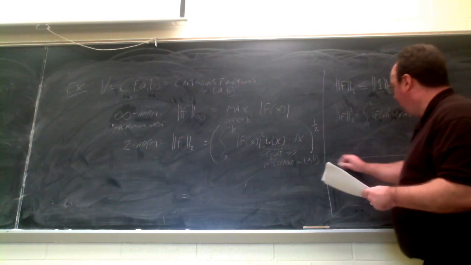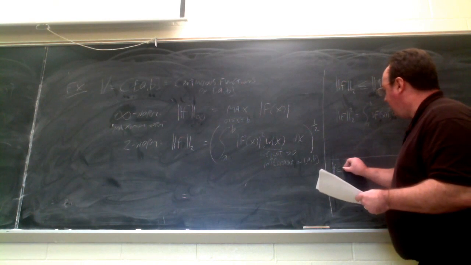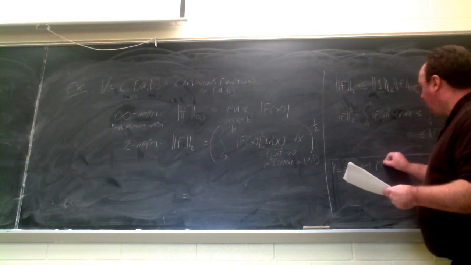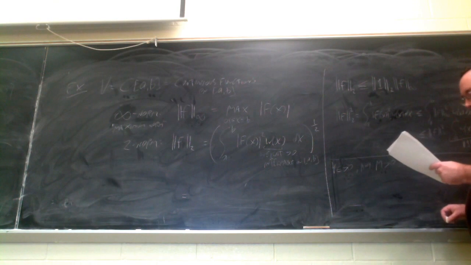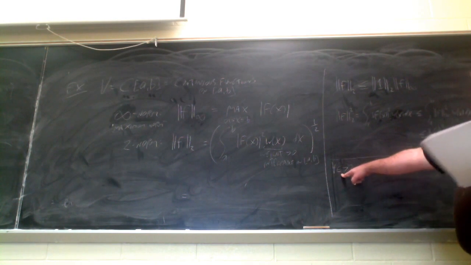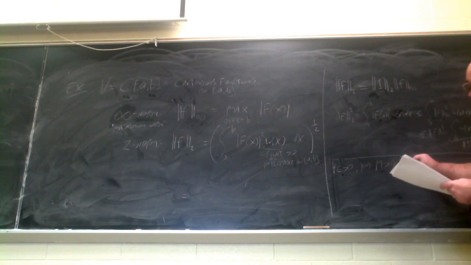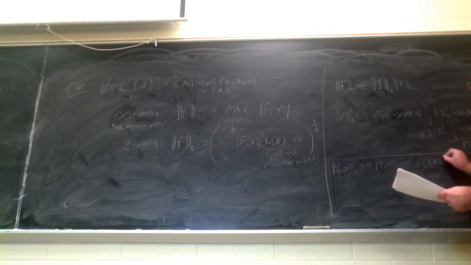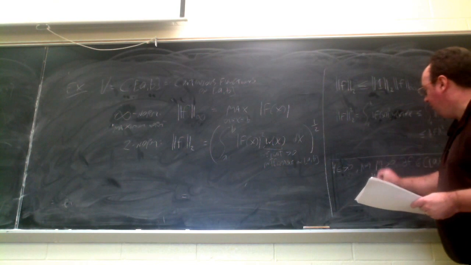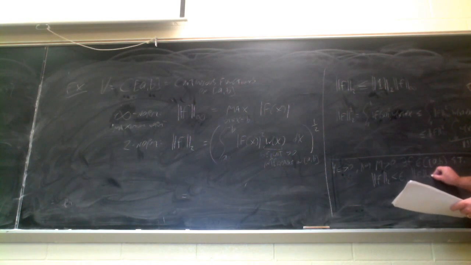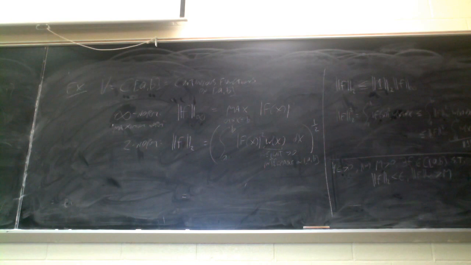So one property is, for any epsilon greater than 0, no matter how small that epsilon is, and any positive constant capital M, so imagine epsilon being small and capital M being really large, there exists a function f that's continuous on AB such that the 2 norm of f is less than epsilon and the infinity norm of f is greater than capital M. So a function could have an arbitrarily small 2 norm and an arbitrarily large infinity norm.